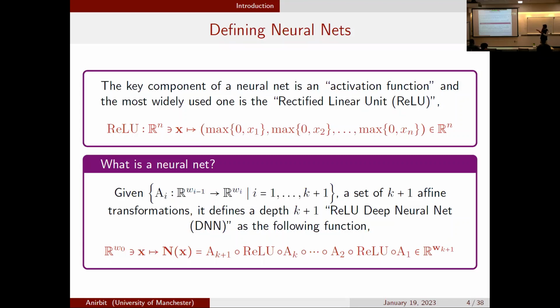It passes through A1, then goes through ReLU, then goes through A2, then goes through ReLU, and does this k plus 1 times. My convention will be that the depth of the neural network is the number of affine transforms, which matches the convention in graph theory of the graph distance from input to output. If you think of it as a graph, then this notion of distance matches the graph distance notion. That's why I like this convention of number of affine transforms as depth.